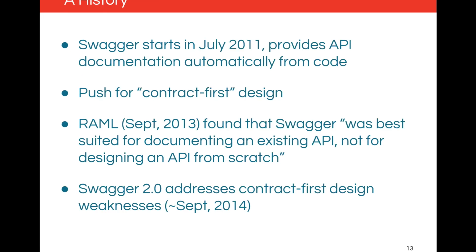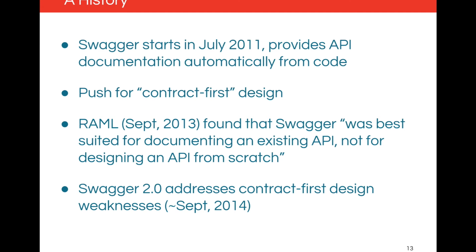So a little history about these API documentation languages that I picked out. Swagger is the oldest of the three, and came out in 2011, and it addressed the problem of a code-first approach and automatically generating your documentation from annotations that you put in your code. But within the last year or so, there's been more of a push for contract-first design. And RAML and API Blueprint have been created to address that need.